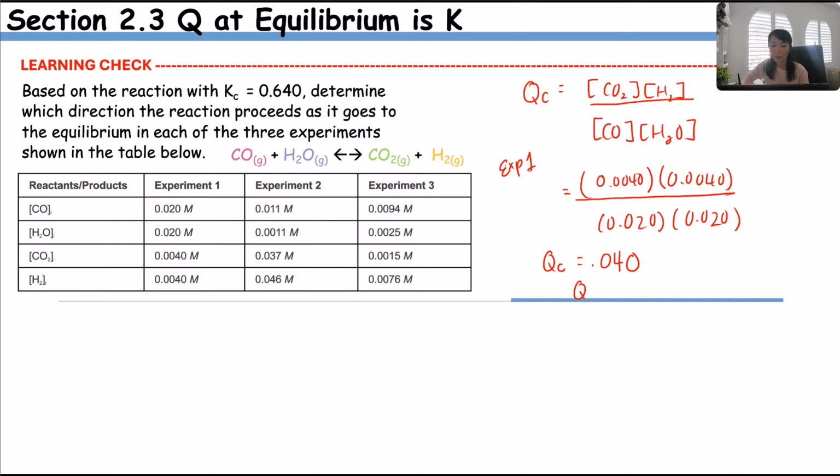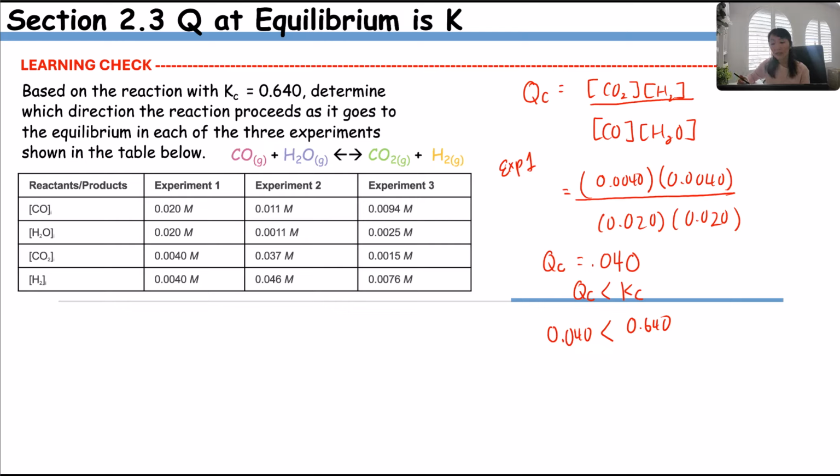So what does that tell me? My QC is less than my KC. My KC is 0.640, whereas my QC right now is 0.040. What does that tell me in regards to whether it was going in a forward direction, reverse direction, or reached equilibrium? We know that it didn't reach equilibrium because the values don't equate to each other.